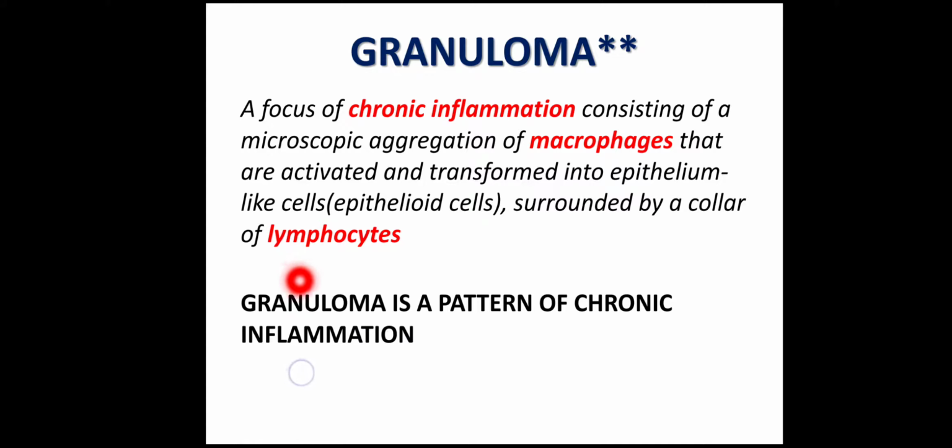So, in a granuloma there are macrophages activated into epithelioid cells, with a collar of lymphocytes surrounding them. In some cases, giant cells can also be seen, which are formed as a result of fusion of those macrophages. And in chronic cases, in advanced lesions, a fibroblastic reaction can also be seen surrounding the granuloma.